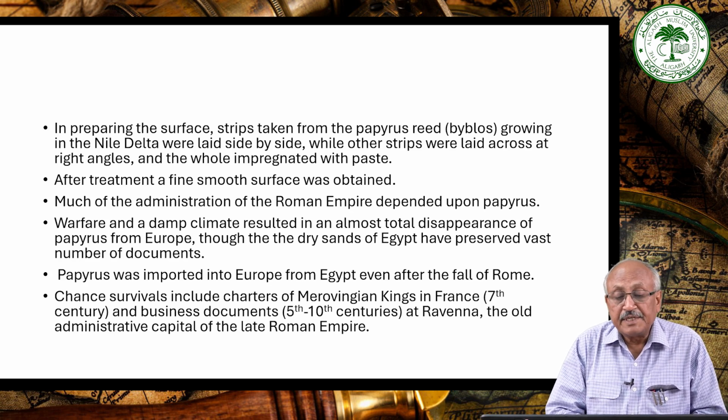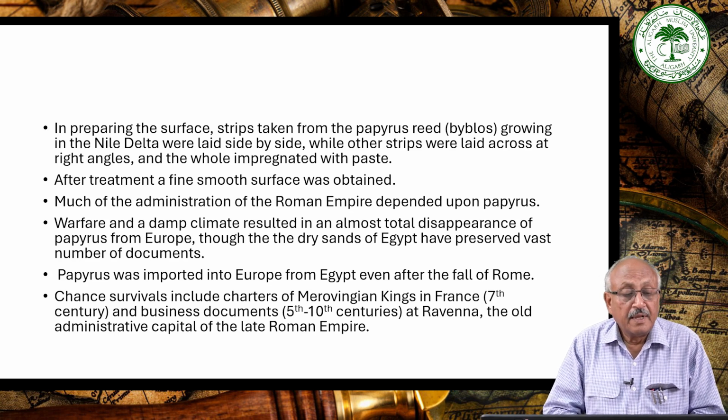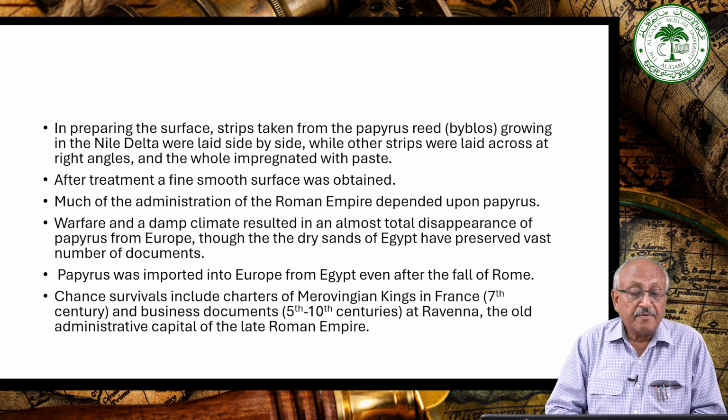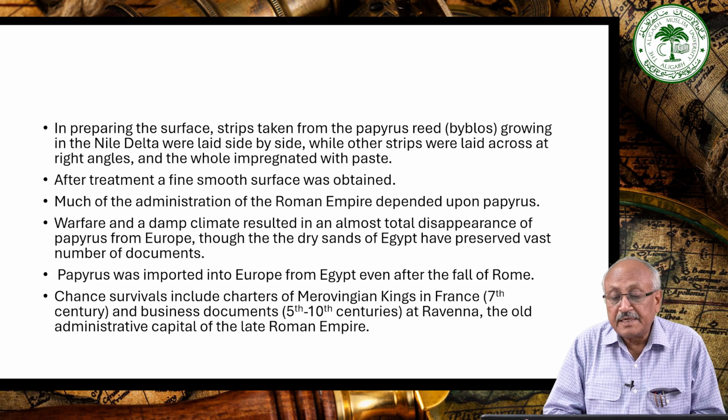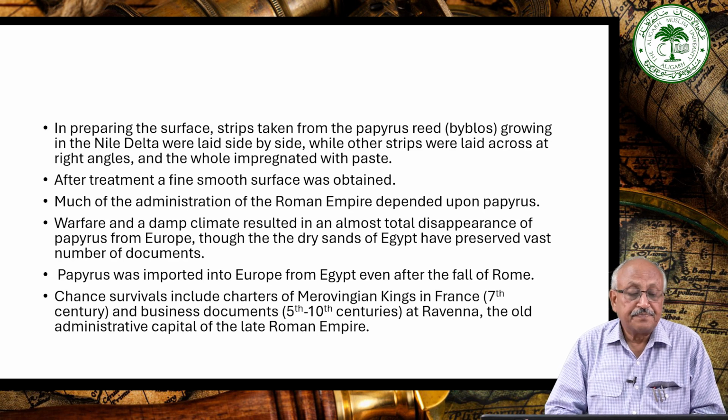Much of the administration of Roman Empire depended upon papyrus because they were written on them. Warfare and damp climate resulted in almost total disappearance of papyrus from Europe, though the dry sands of Egypt have preserved vast number of papyrus documents.